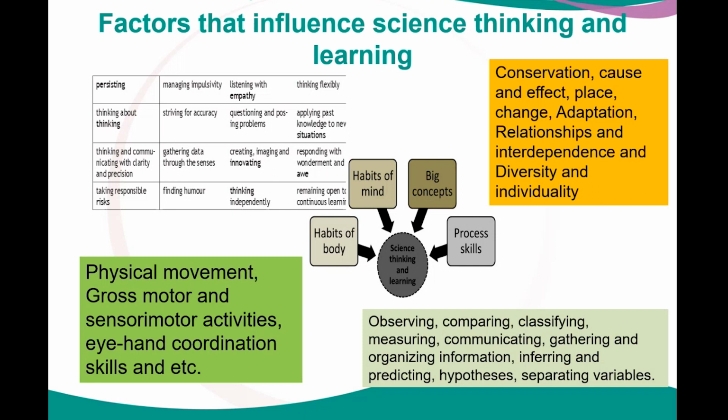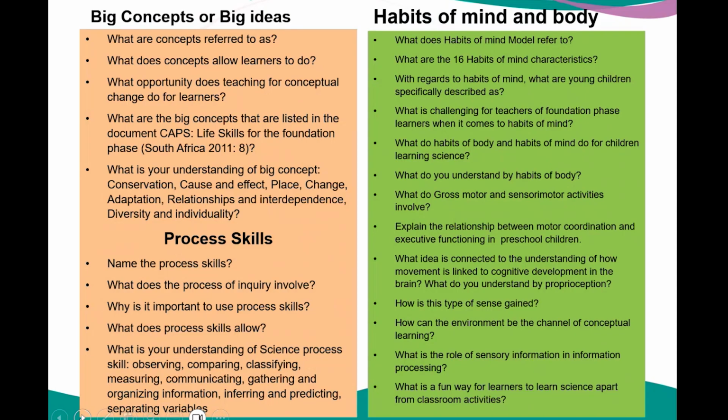And when we look at separating variables, you need to consider that the variables are usually controlled to give a fair test. There are three kinds of variables that you need to read about: the independent variables, the dependent variables, and the fixed variables. Do some activities on this so that you have a better understanding and are able to apply this in any theme or any question in the assignment or the exam.